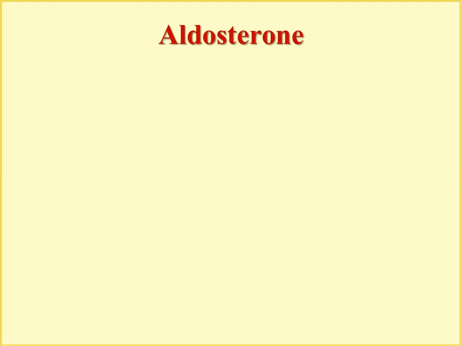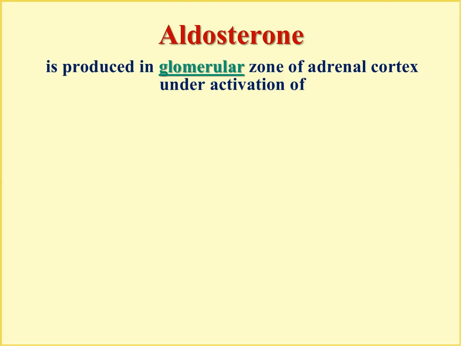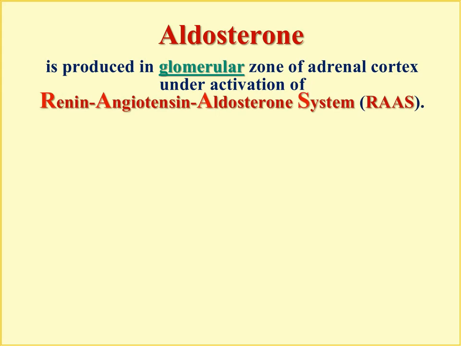And now we come to the superficial layer of the adrenal cortex, the glomerular zone, where aldosterone is produced. It's produced by activation of the renin-angiotensin-aldosterone system. It's the very well known RAAS.